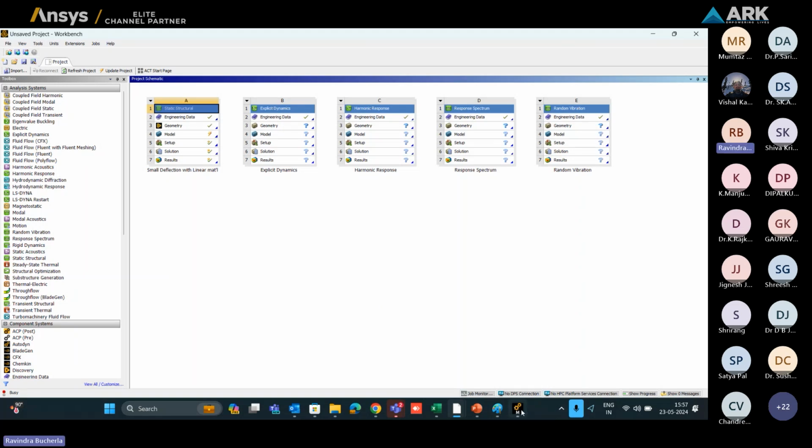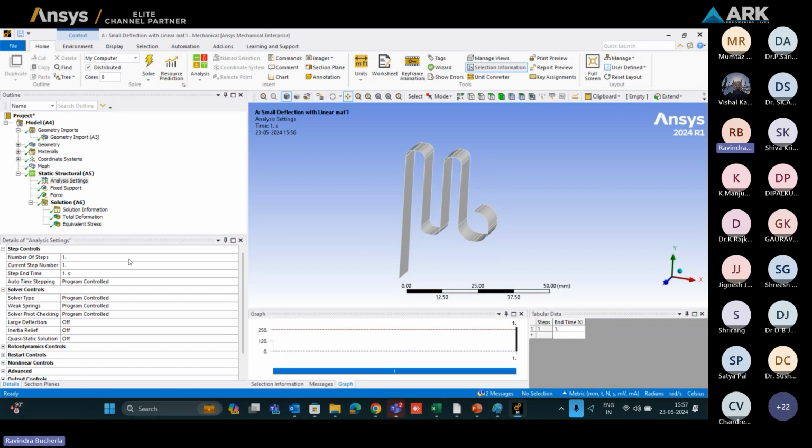In this case, this is a linear problem because I didn't enable large deflection on.